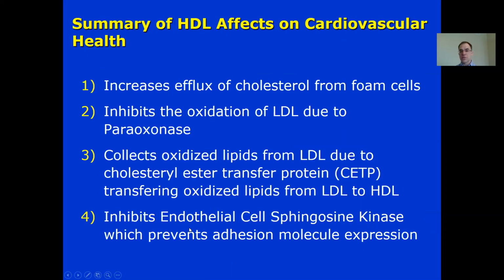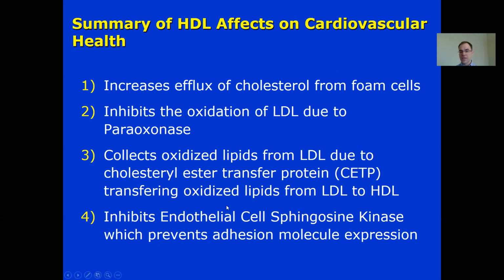All right, so here is the overview of the 4 different ways that HDL improves our cardiovascular health. Again, it increases the removal of cholesterol from foam cells. It inhibits the oxidation or modification of LDL via the peroxidase, the protein enzyme found on HDL. It also collects oxidized lipids from LDL due to the CETP, and then HDL takes that back to the liver to be removed.